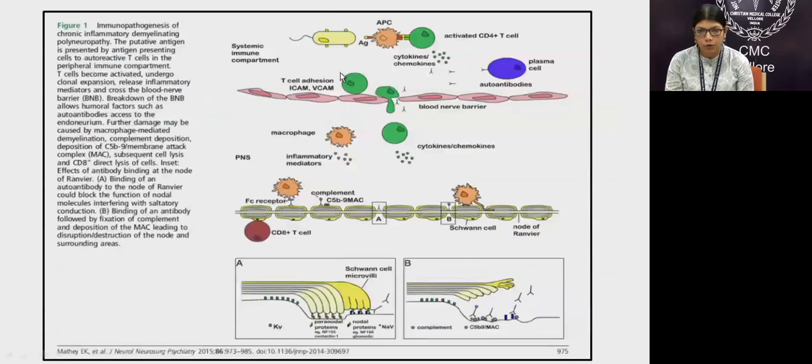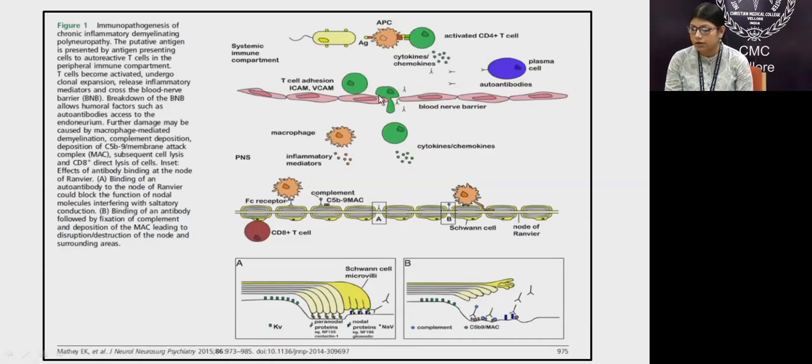So here, both the cellular and the humoral immunity are affected. In CIDP, initially there are active autoreactive T cells. When an antigen is presented to an activated CD4 cell or an autoreactive T cell via antigen presenting cells, they undergo clonal expansion and cause a lot of inflammatory mediator release.